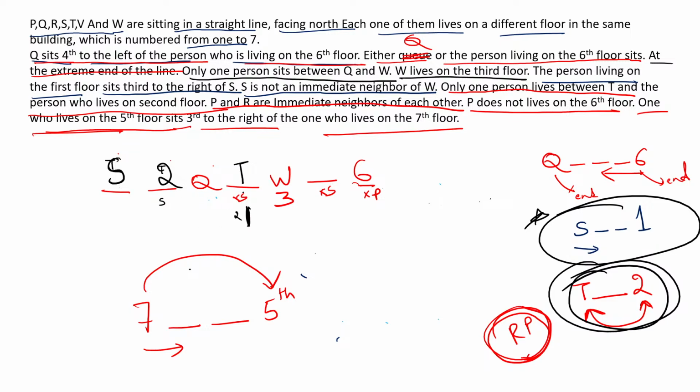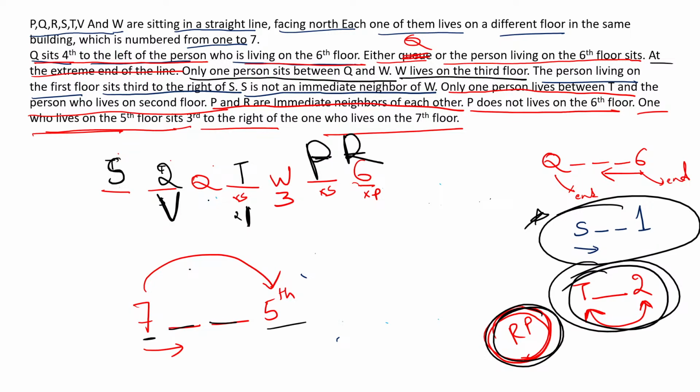So this has to be 2 and this has to be T, and he is saying P and R have to be together. So where you have two gaps, these are the only positions with exactly 2 persons side by side. One of them should be P and one should be R, but he is saying this should not be P, so this has to be R and this has to be P. So we got P, Q, R, S, T; V is missing, so this has to be V. Now see here, after 7 if you leave 2 places you have to get 5th.